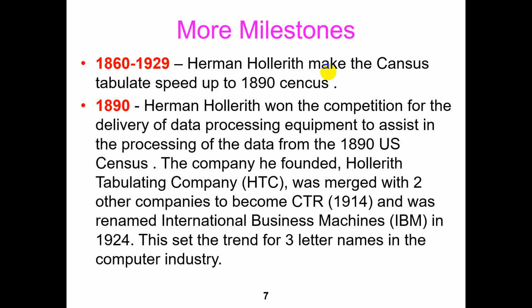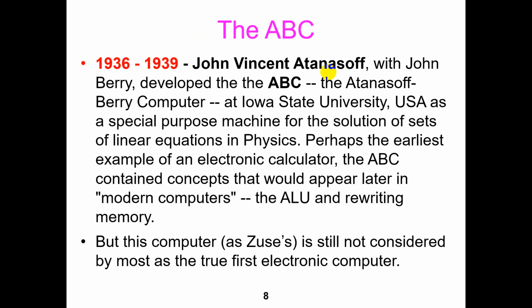The company he founded, the Hollerith Tabulating Company (HTC), merged with two other companies to become CTR in 1914, and was renamed International Business Machines (IBM) in 1924. This set the trend for three-letter names in the computer industry.